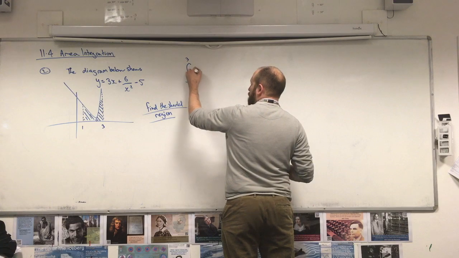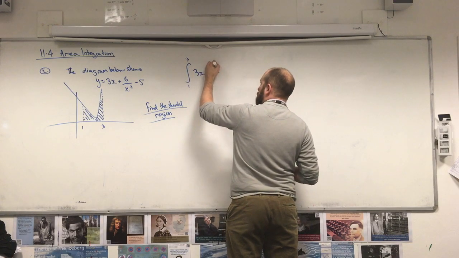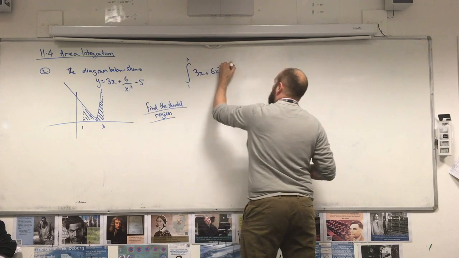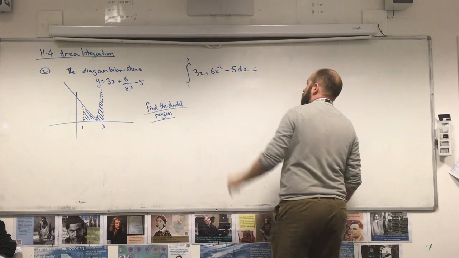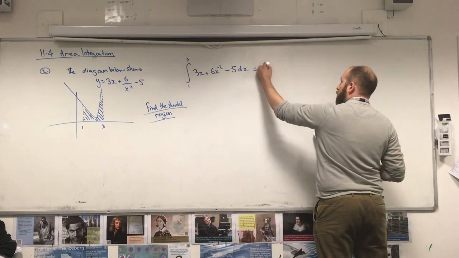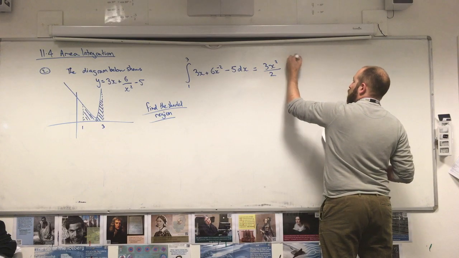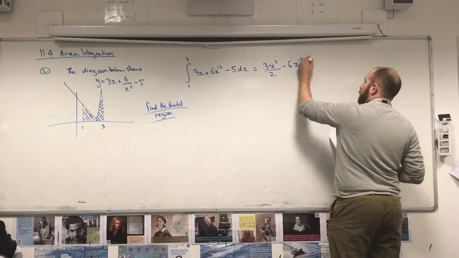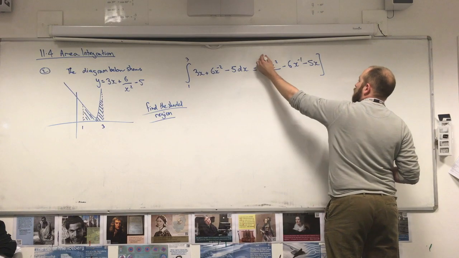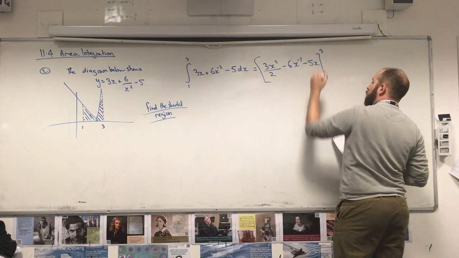And my integral is going to be 3x plus 6x to the minus 2, because I need to bring that up, minus 5 dx. So integrate this, we get 3x squared over 2, x to the minus 1, so minus 6x, minus 5x. Limits 1 and 3.